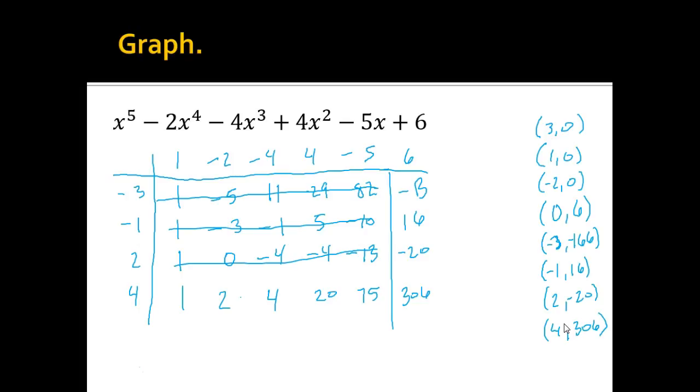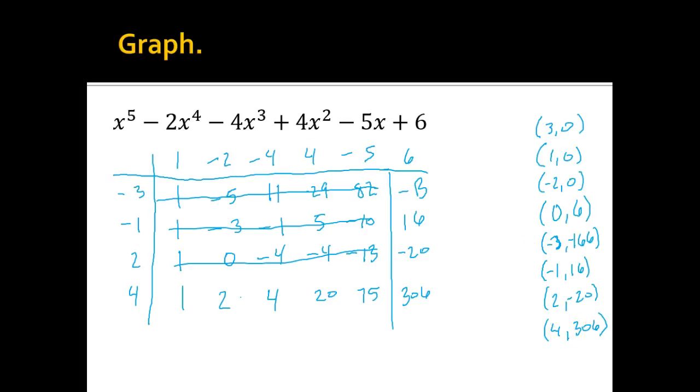As it gets toward negative 3, it's going to go down very far. Same thing with the positive 306. It's going to be way too far off the graph. I can't graph that, but I can note that the graph is going in the positive direction.